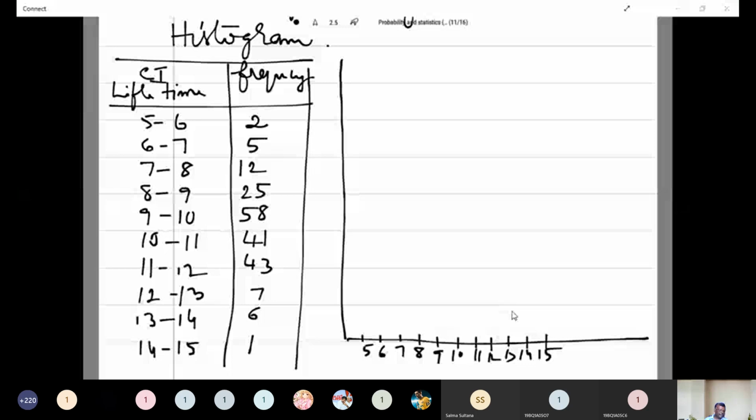On the y-axis, frequency 10, 20, 30, 40, 50, 60. This is the frequency, and this is the class interval, lifetime.